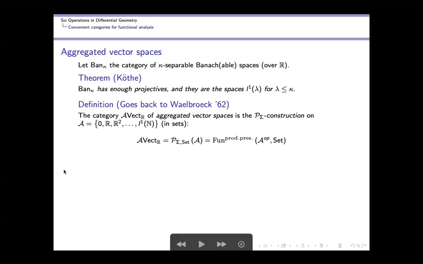In this category A, what are the morphisms? This is the full subcategory of the category of Banach spaces on these objects. So the morphisms are continuous linear maps. Since we're in Banach spaces, they are the same as bounded linear maps.